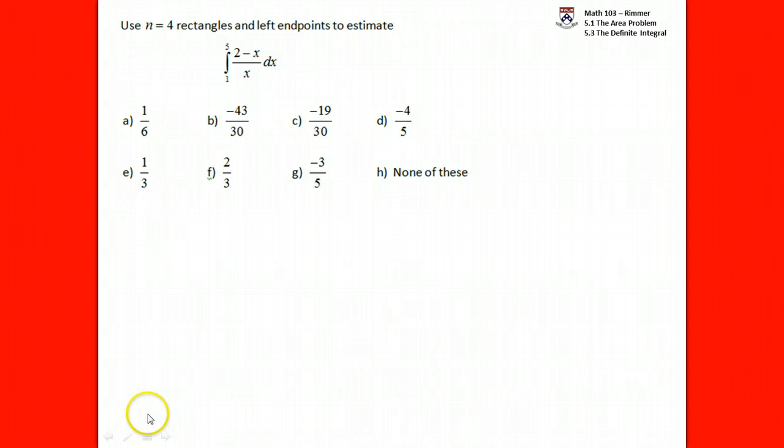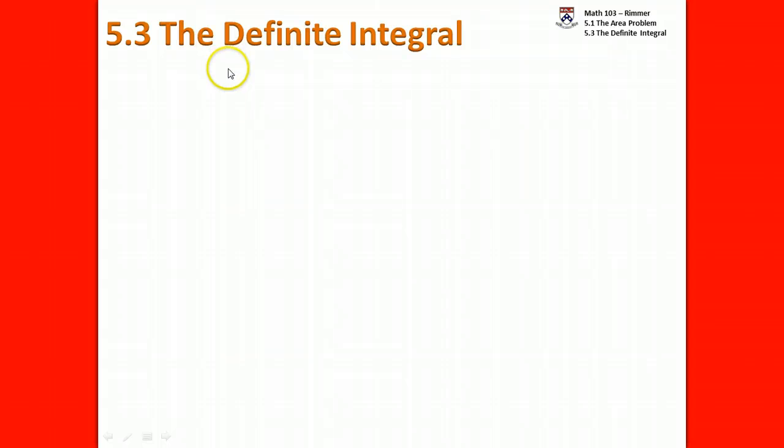This symbol will be explained in the next slides. This is out of order. I apologize. But we'll be able to come back and do this problem, approximating the area underneath this curve using 4 rectangles. But these symbols are foreign to us right now, so I should wait for this. We'll come back to that.